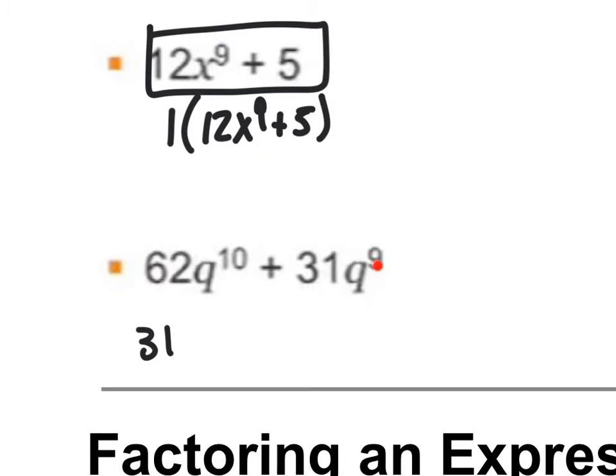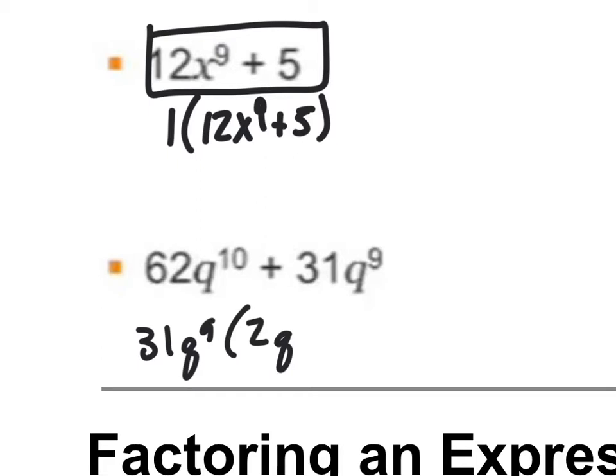Q to the 9th is my smallest exponent, so I'm going to factor out a q to the 9th. And then what you're left with, okay, 31 times what gives me 62? And that number, friends, is 2. And then q to the 9th times how many q's gives me q to the 10th, and that's just q, okay?